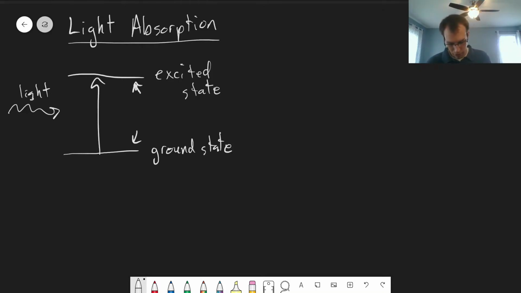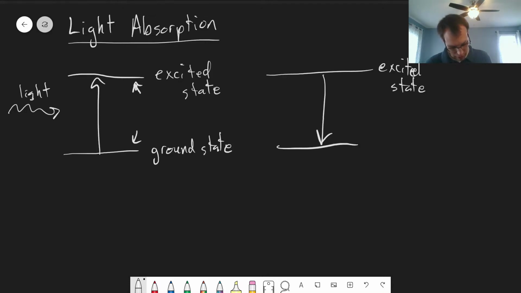And so I will also just mention, we'll get to this later in this chapter, we can also have emission of light, where we have a molecule that starts in its excited state and emits light going down to the ground state, or a lower state, it doesn't have to be the ground state, and emits a photon, and we can observe that light as well.